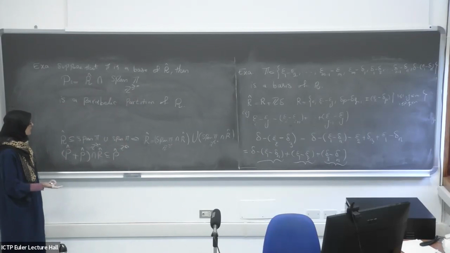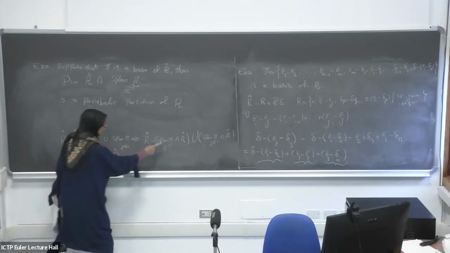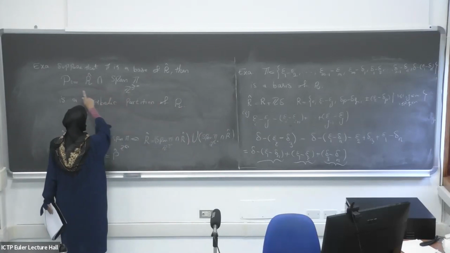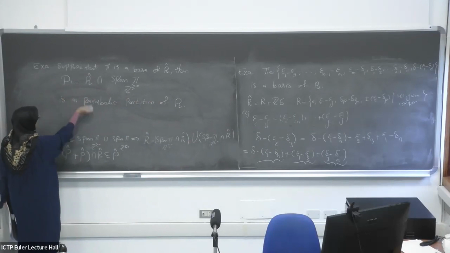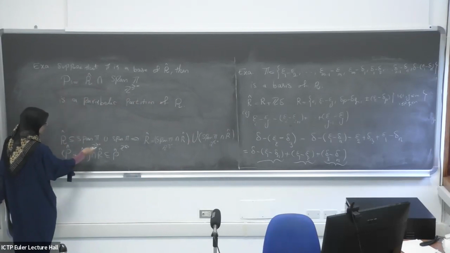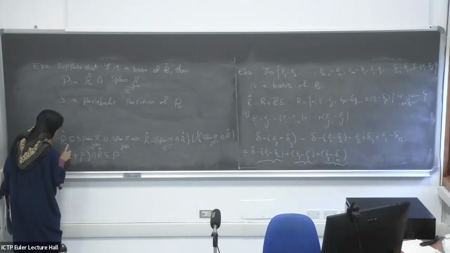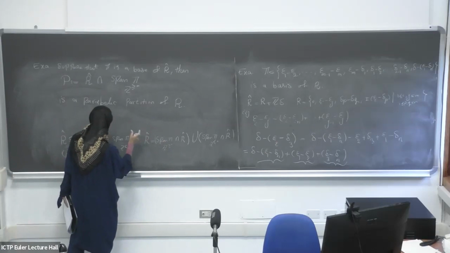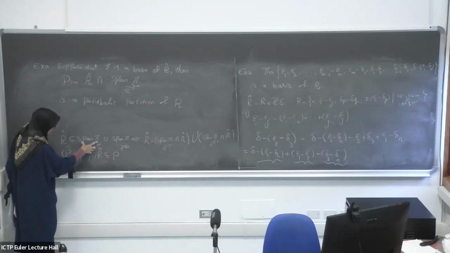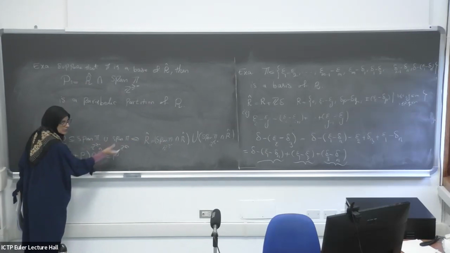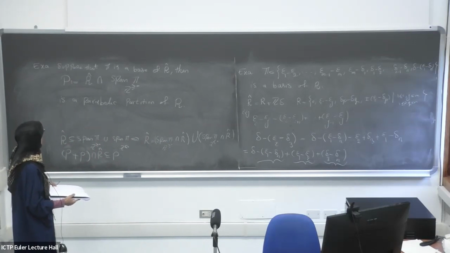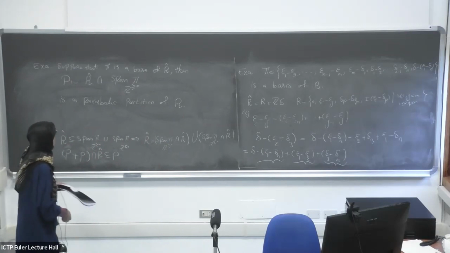And as I told you, the only element which is in this part and this part is 0. So we have a parabolic set, I call it P, and the only element of P and minus P is just 0, because the only element in the intersection of this part and this part is 0. Okay? So P is a parabolic partition of R hat.